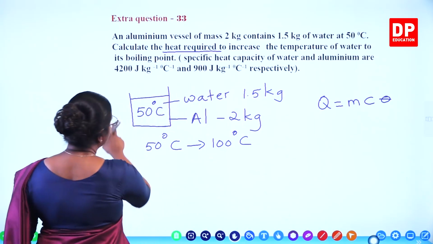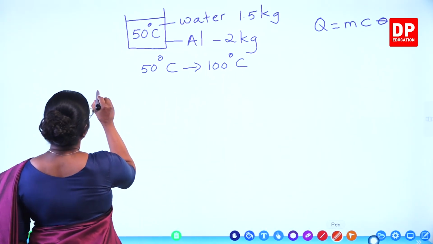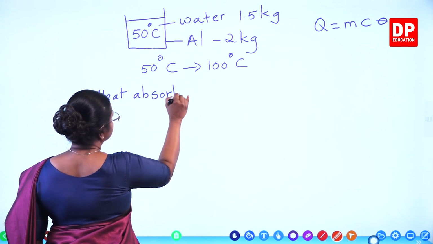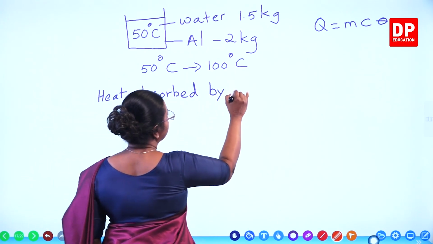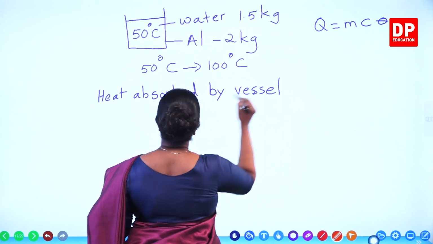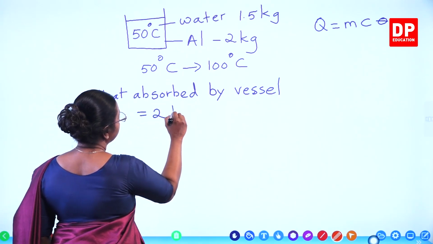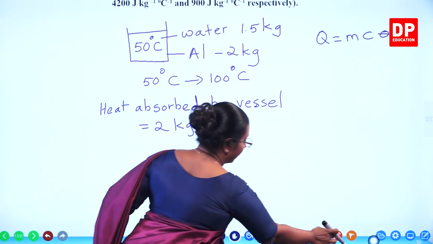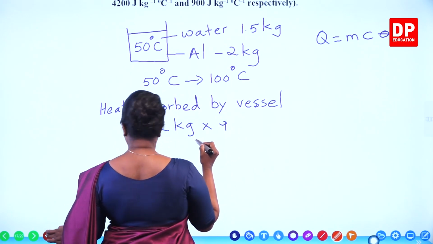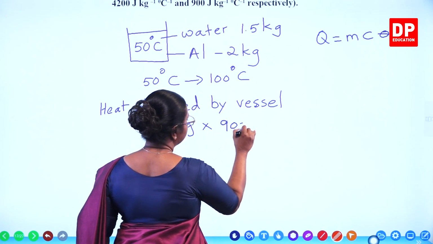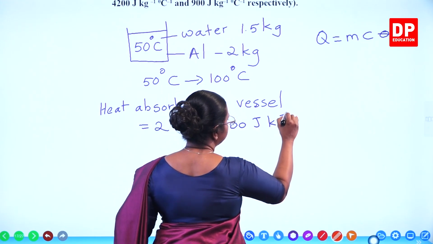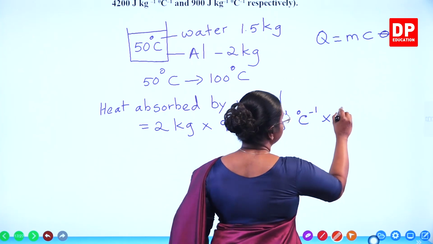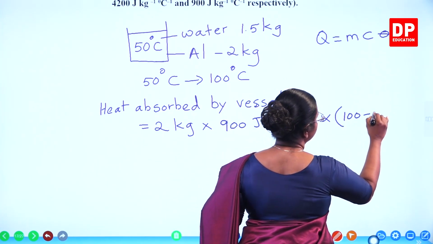So, then if we calculate the heat absorbed by the vessel, that is equal to 2 kg into, you can remember, or you know the value is given to you, 900 joule per kilogram per degree Celsius. And the change in temperature from 50 degrees, it has to come to 100 degrees.